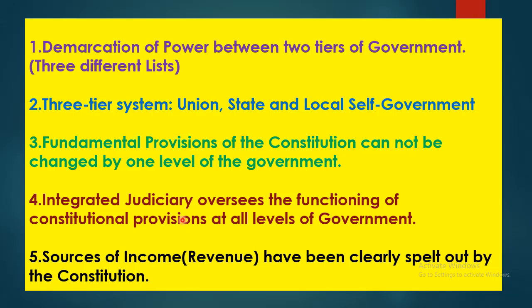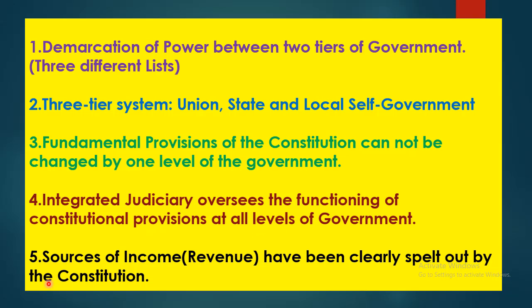The Supreme Court oversees the functioning of constitutional provisions. That means the laws of the land are followed at all levels, whether it is the state government, central government, or local self-government, followed by the citizens of this country and by all the governments.